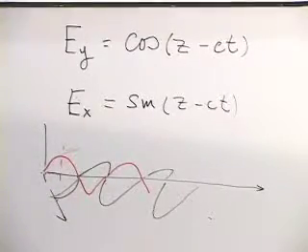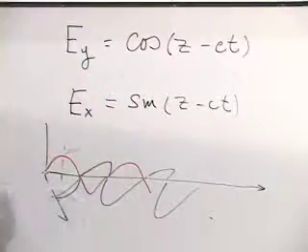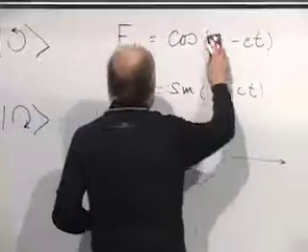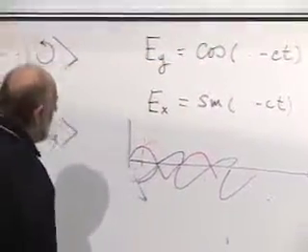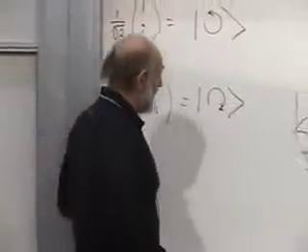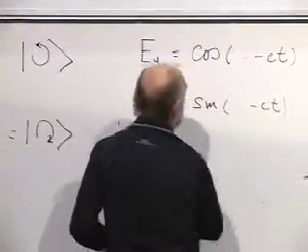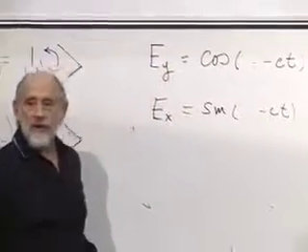If you stand at a point, let's say the point z equals 0, and look at the x and y component of the electric field, what does it do? It rotates around in a circle.